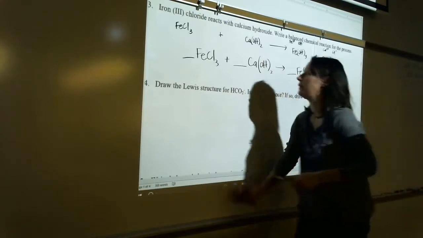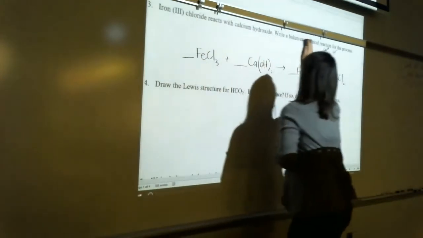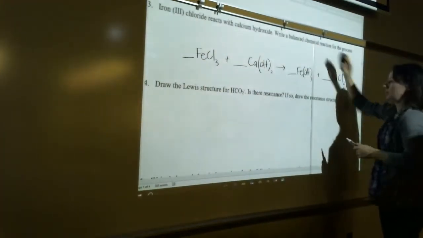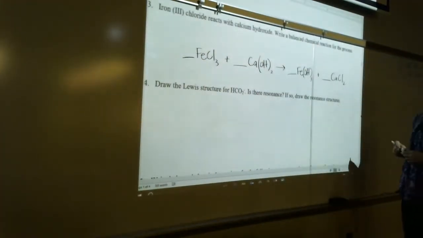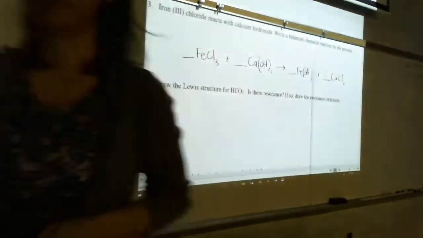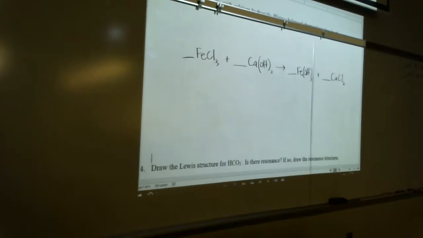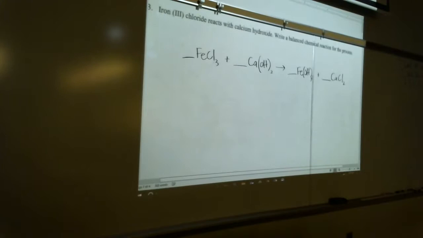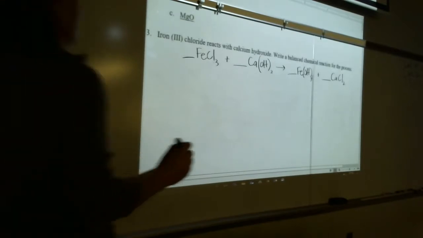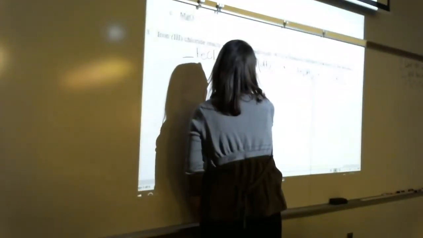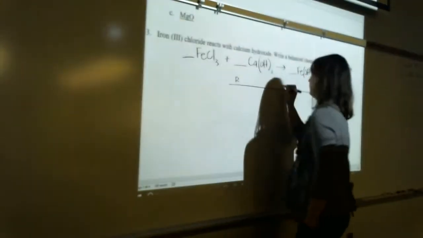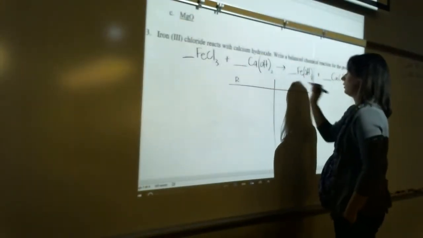All right, let's balance this now. Do we need to make a reactant product table, or can we do it in our heads? Want to make a table? Yes. Okay. Let me give myself some room here. So if we're going to make the table, reactants on one side, products on the other.